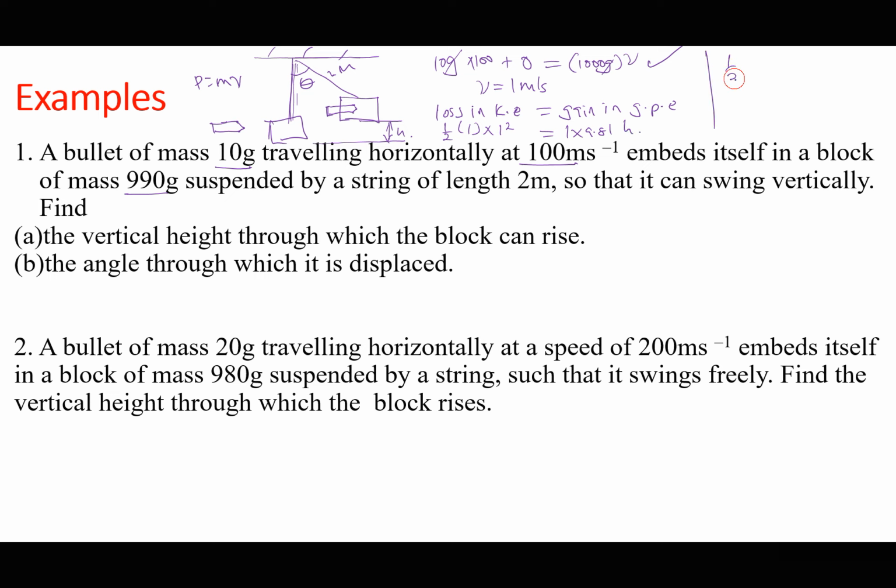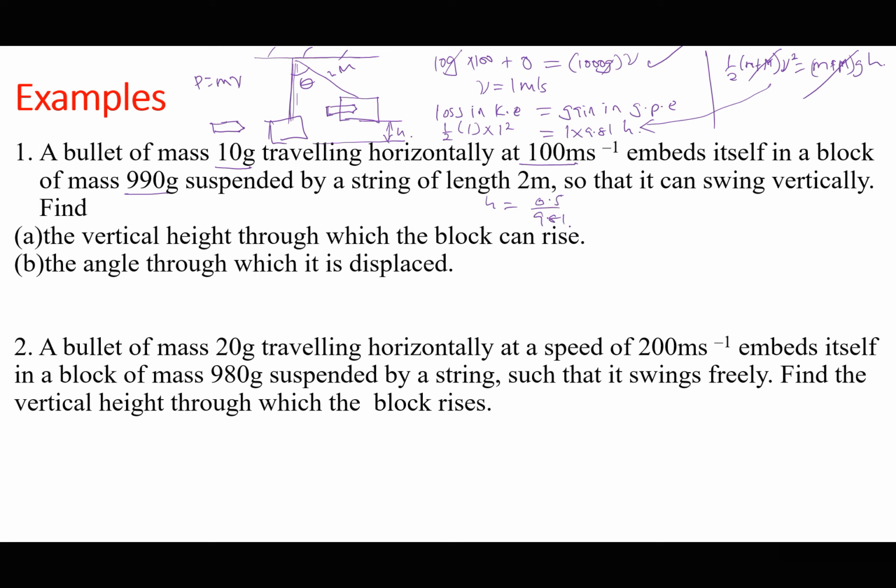I'm considering a half times (small m plus capital M) times v squared is equal to (m plus M) times gh. Of course, this one cancels with that. So we remain with h equal to 0.5 divided by 9.81.